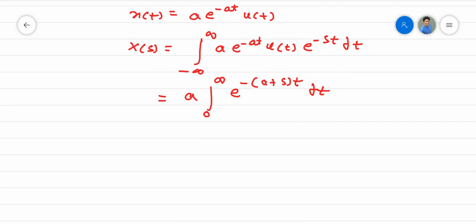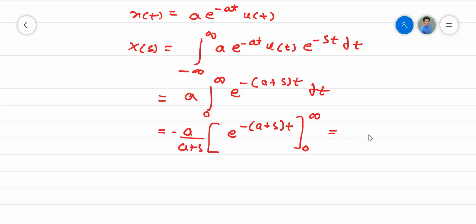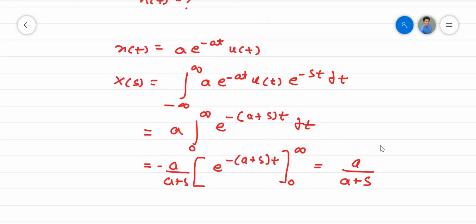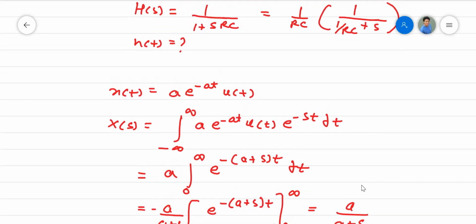Then we can integrate to find a over (a plus s) with a negative sign, e to the power minus (a plus s) t from 0 to infinity, and it will be equal to a over a plus s.